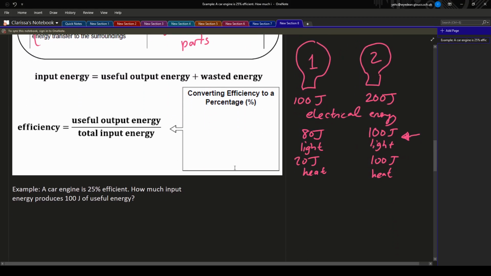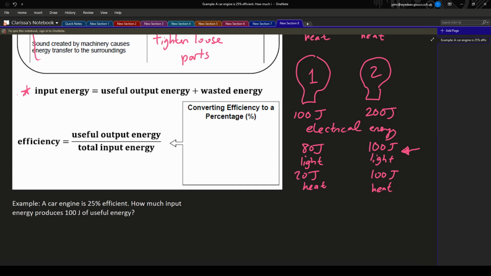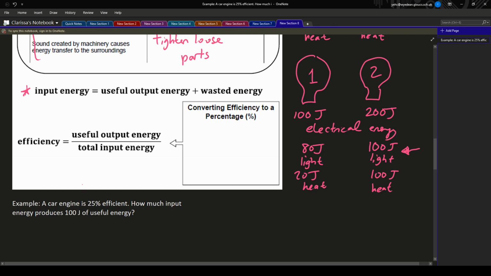Okay, so now on to the maths bit. This first equation that I've put here is basically just the law of conservation of energy written in equation form. Right? Input energy equals useful output plus wasted. Meaning, whatever number you put in has to equal the total number that you got out of it.